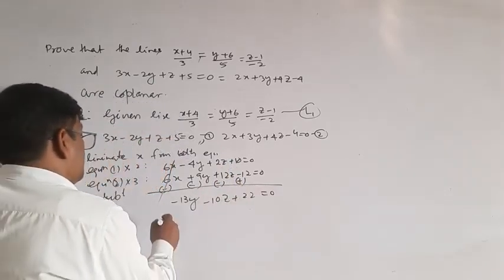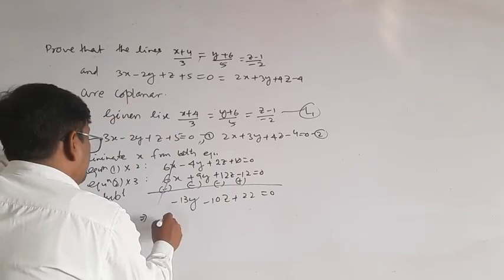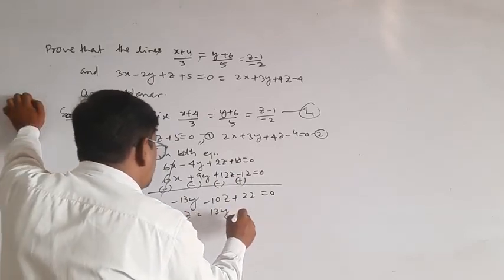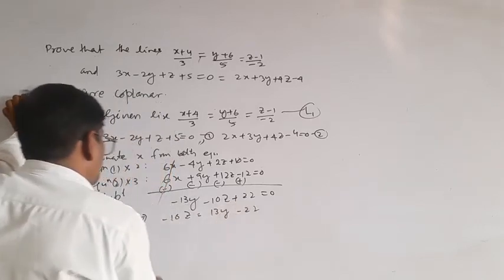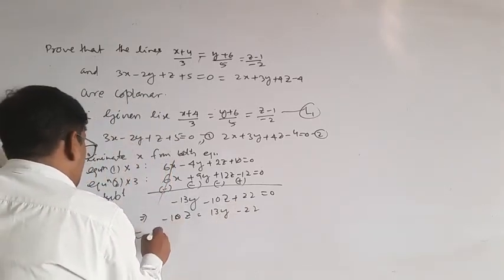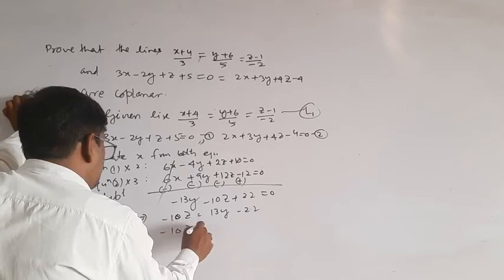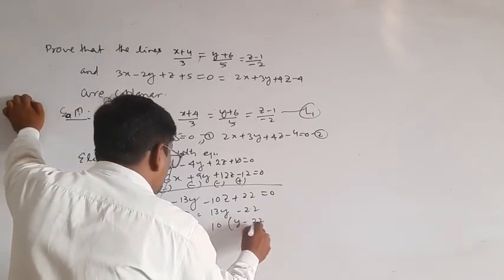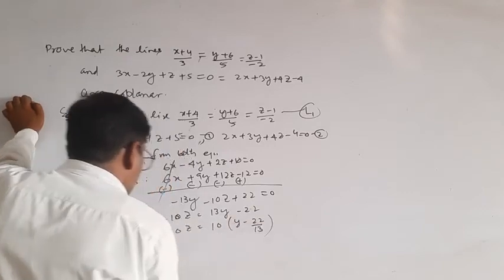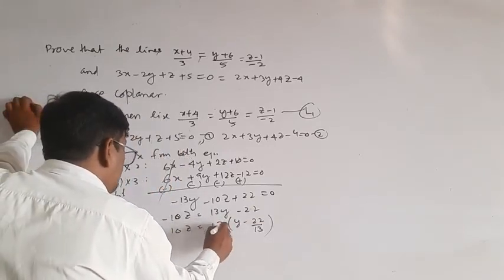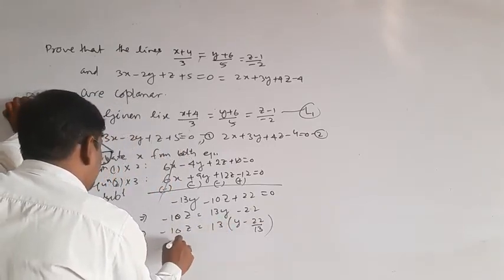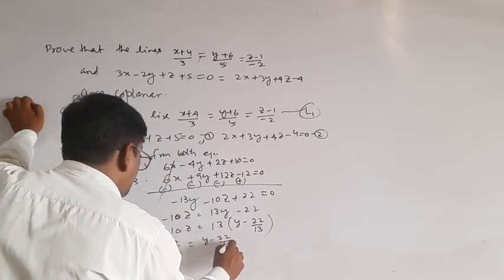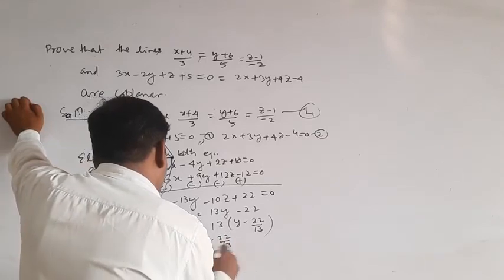Clear? So -10z = 13y - 22, or -10z = 13 common, (y - 22/13). So z/13 = (y - 22/13)/(-10).